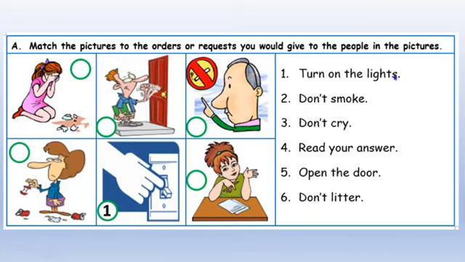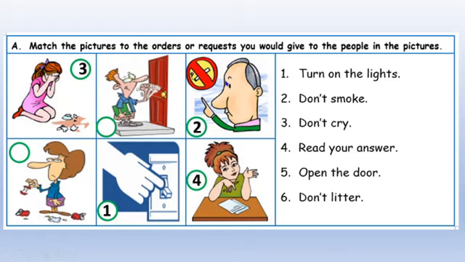Number 2, don't smoke. The picture number 3. Now, number 3, we have don't cry. Picture number 1. Now, number 4, is the last picture, number 6, picture number 6, number 4.